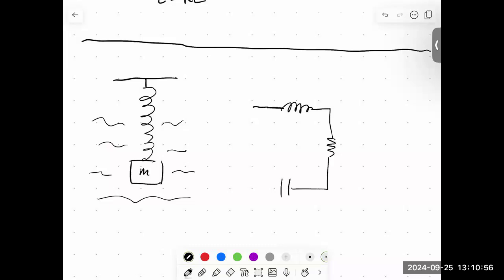And then we drew this kind of switch similar to what we just used for our RC circuit here. So here's V naught plus and minus, like so.